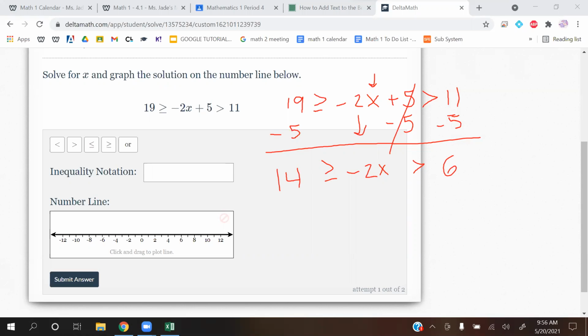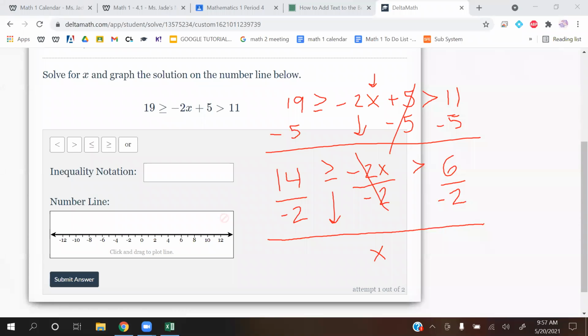Next, we have x multiplied by negative 2. So the opposite of multiplying would be dividing. I'm going to divide by negative 2 on every single side. So divide by negative 2, divide by negative 2, and divide by negative 2. But remember, when you divide by negative 2, the signs have to flip.